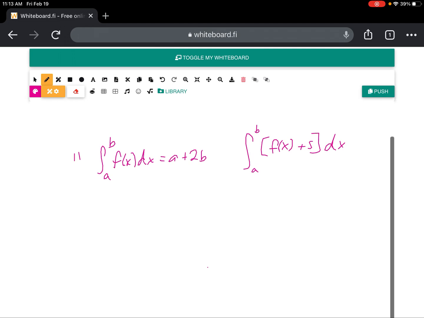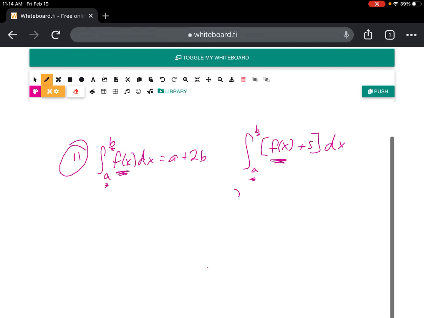So some things to notice. We have the f of x function that's in both of those. Both of our functions start at a and end at b. Okay, so a is on the bottom and b is on the top. That's important. If one of them was flipped upside down, then we would have to flip it back and make it negative. We do not have to do that.